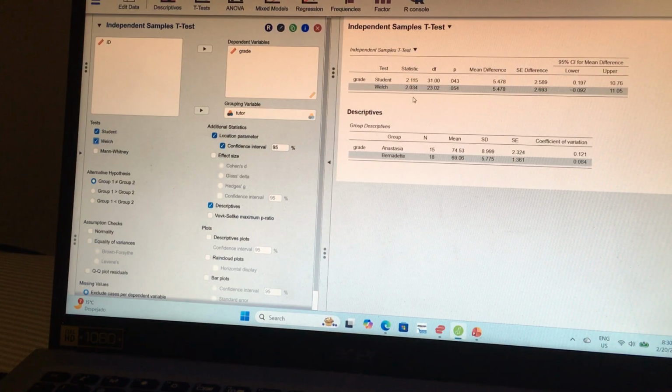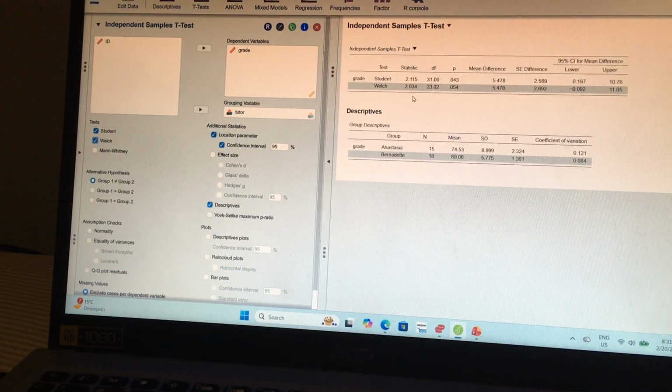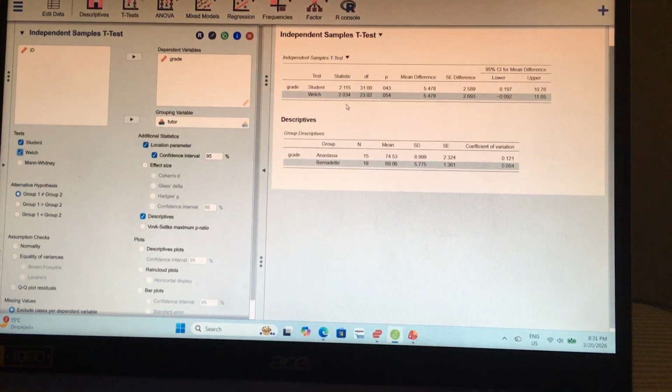The p-value for the Welch test makes it statistically insignificant, which is very interesting. The mean difference is calculated as the same value. The SE difference is slightly different, and the upper and lower bounds of our 95% confidence interval are slightly different as well.